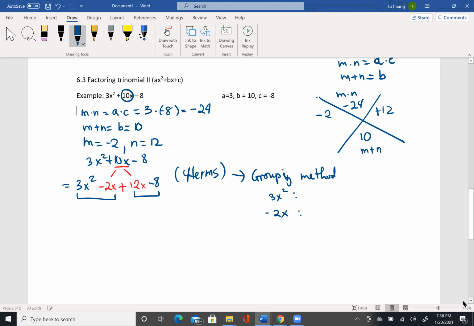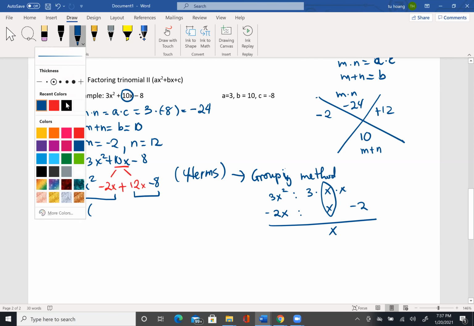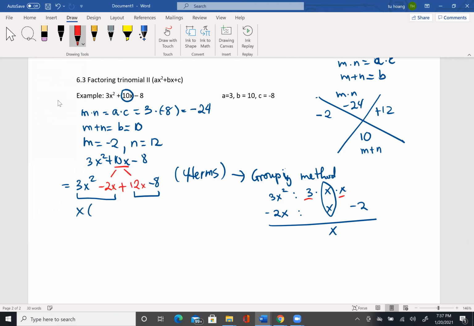So you factor out: I have 3 times x times x, and negative 2 times x. So x is going to be the common factor, right? So I put x out, and the first term is left with 3x. The second one is left with negative 2.